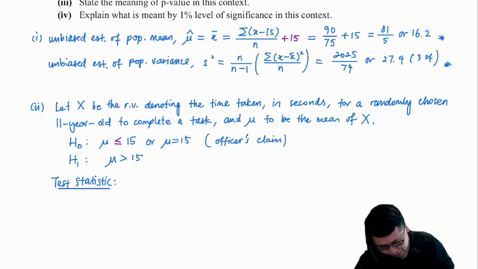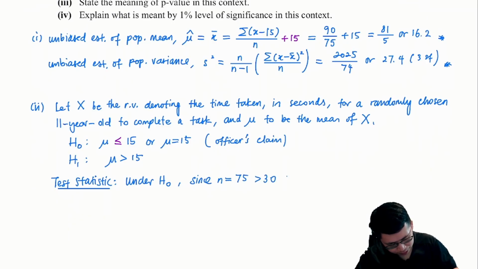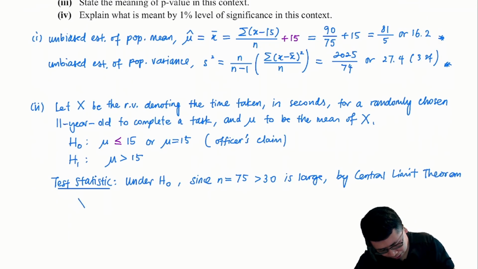Our test statistic is, we're going to assume that H0 is true, so it means we're going to use this. Since our sample size is 75 and is greater than 30, this sample size is large enough by the central limit theorem, so our x bar will follow a normal distribution.